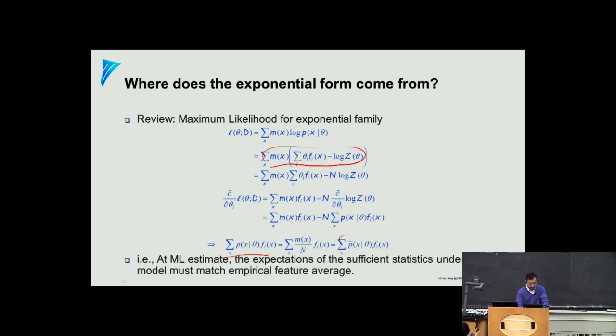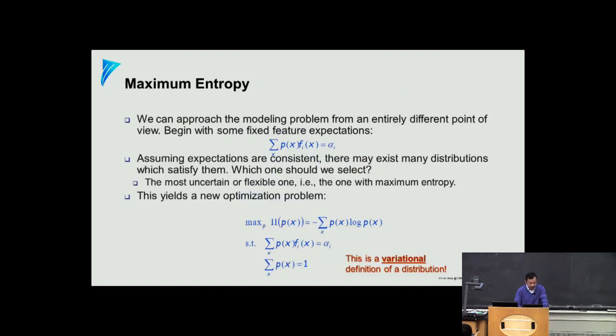Empirical basically means that the distribution is really computed from data. So what it means is that under ML, the expectation of the sufficient statistics under the model must match the empirical feature average, right? Which kind of makes sense.